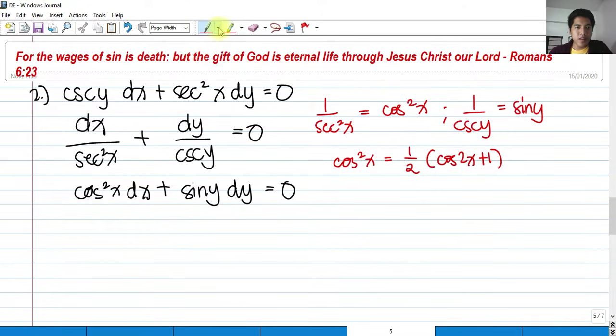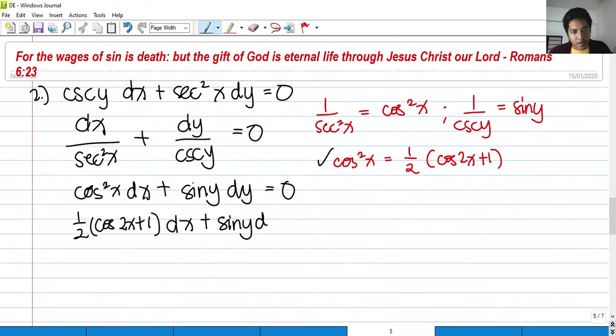So we still need to substitute the value of this on our cosine squared x. So we have 1/2 multiplied by cosine of 2x plus 1 dx plus sine y dy is equal to 0. And then we try to integrate.